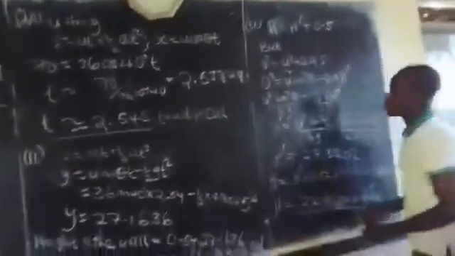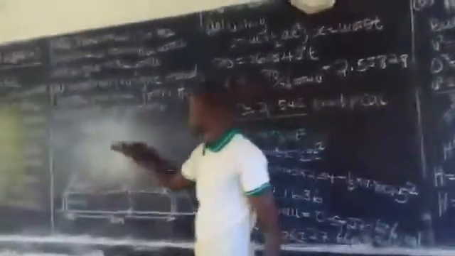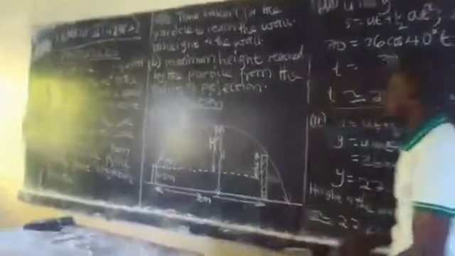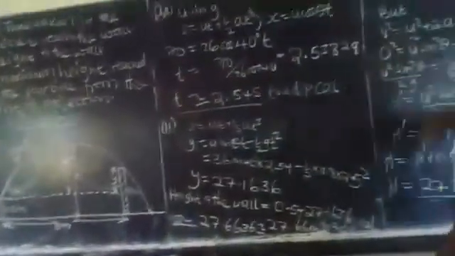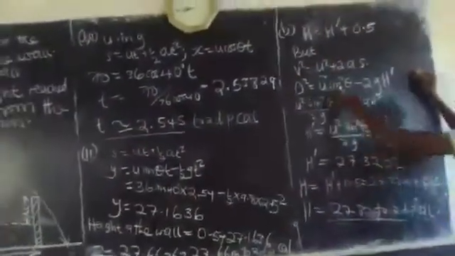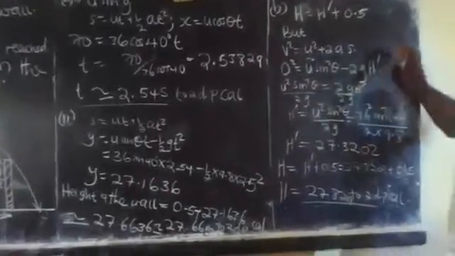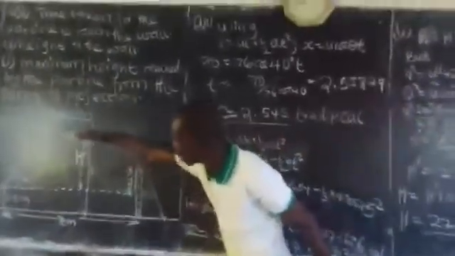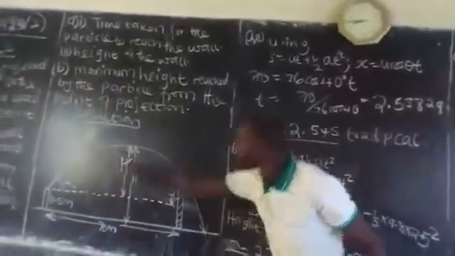From the third equation of motion, we said at the maximum height here, the body is as if at rest. It has reached the maximum height, and we move back downward. It means here our V is 0. You simply put U sin theta, minus 2G H prime. H prime is the height from here up to here, not the whole height, only from here up to there.